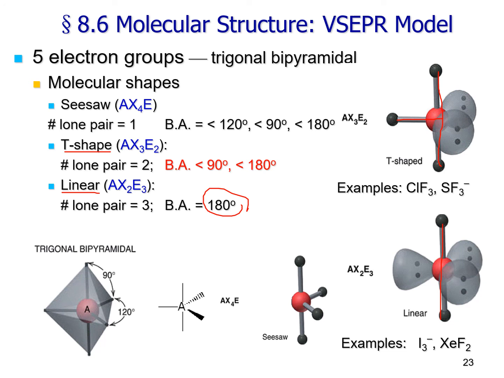I think there are 4 of them, right? We have trigonal bipyramidal with 0 lone pairs, seesaw with 1, T-shape with 2, linear with 3. As a matter of fact, they are all derived from the electron group arrangement because of lone pair electrons.